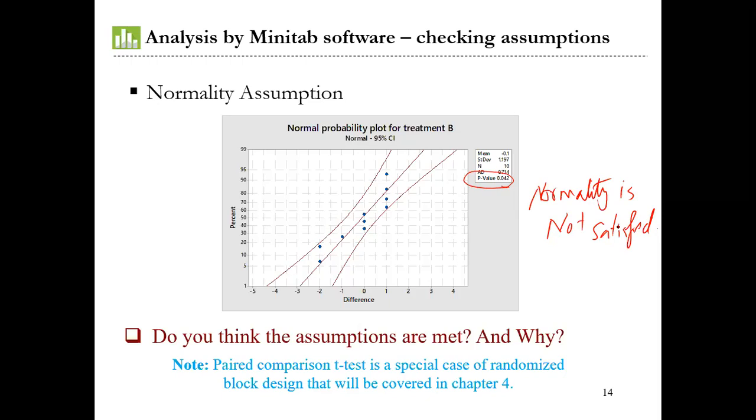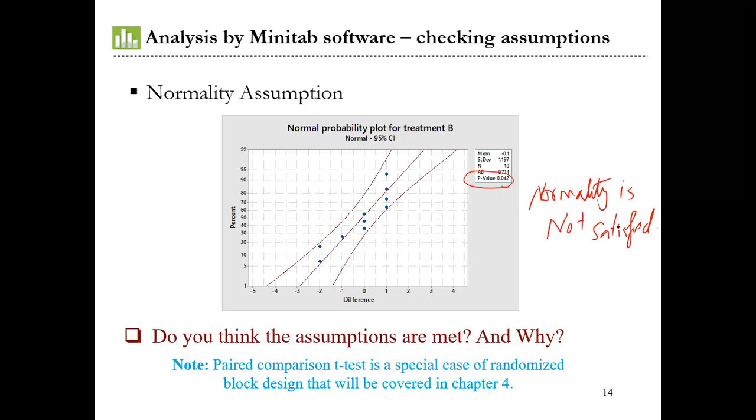You can increase the sample size. You can do the experiment more times. You can test the two tips for something like 10 more specimens, so you can get more data. Maybe the normality will be satisfied this time. This is one of the solutions.